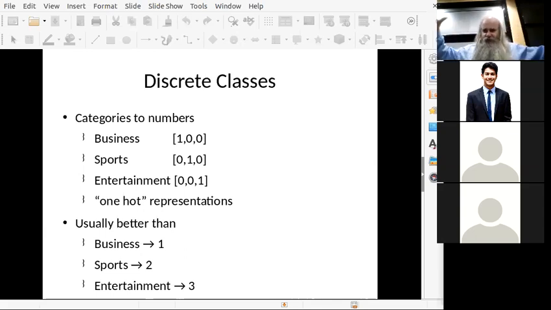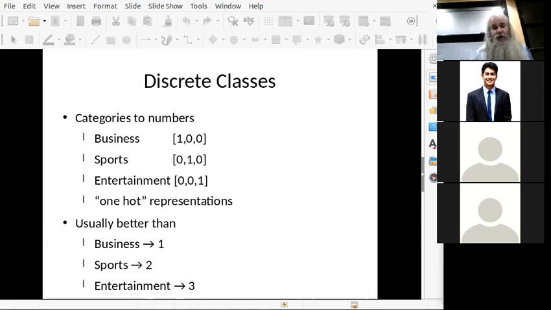It would be a subvector in the overall vector, a vector of zeros and ones. If one of the subjects is business, you could represent it as 1, 0, 0. Sports as 0, 1, 0. Entertainment as 0, 0, 1. If there were 5 things, you would have 2 more zeros at the end, and then something like finance would be 0, 0, 0, 1, 0.